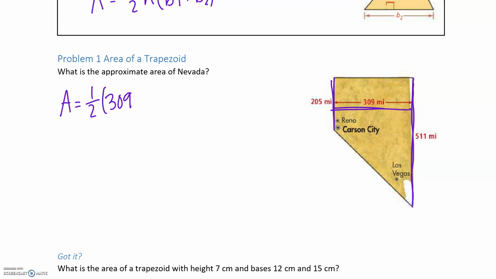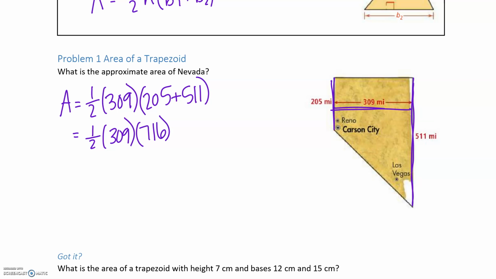So 309 times our bases added together, 205 plus 511. That gives us 1/2 times 309 times 205 plus 511, which is 716. And when we put that into our calculator, that is going to give us 110,622. And since it's area, it is going to be miles squared.